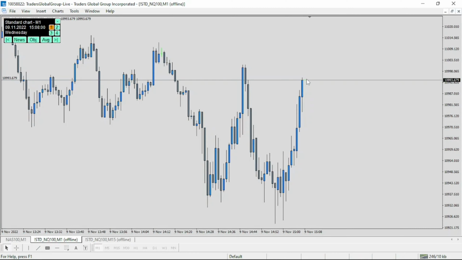Okay, we can see here very nice impulsive move, right? But we can see it did not follow one of our rules. We want to see at least 2 bearish candles before the impulsive move. So no matter how good the impulsive move is, we are not going to take the trade.